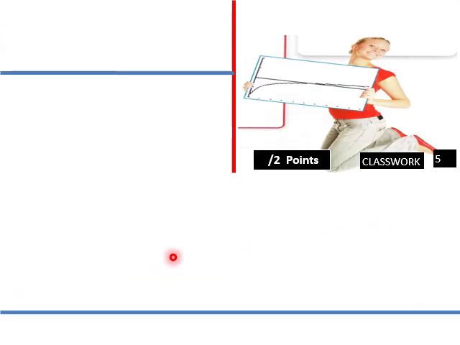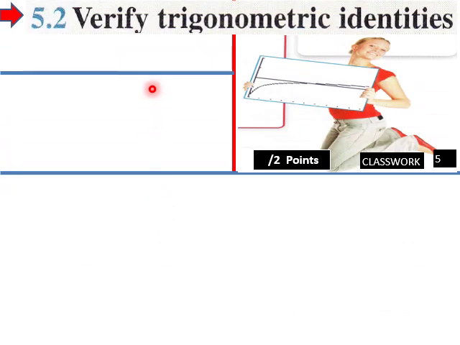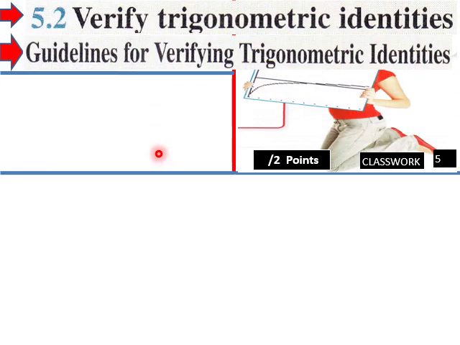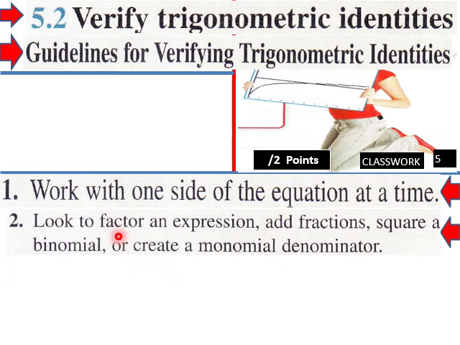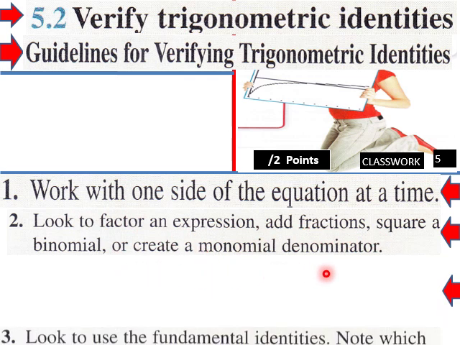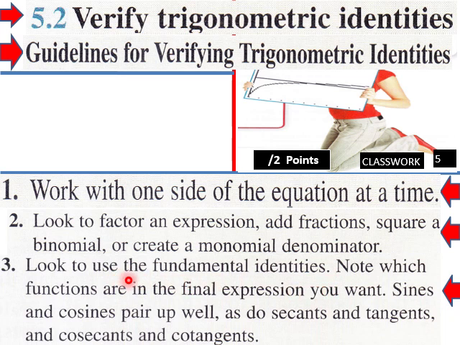Okay, moving into our 5.2 to review that. Verify trigonometric identities. Guidelines for verifying trigonometric identities. 1, work with one side of the equation at a time. 2, look to factor an expression, add fractions, square a binomial, or create a monomial denominator. 3, look to use the fundamental identities.